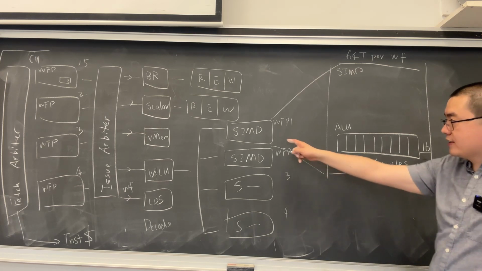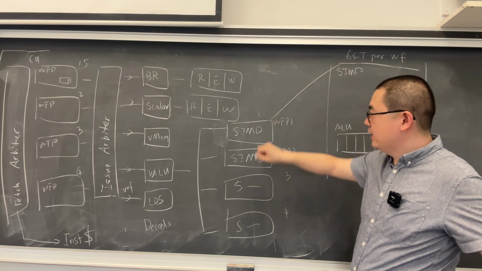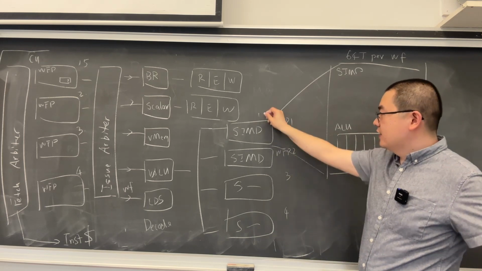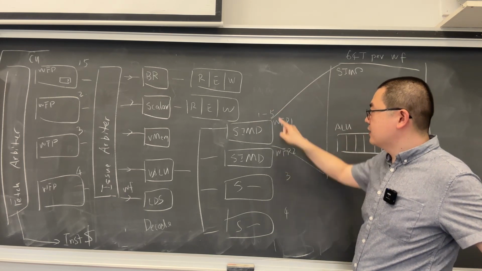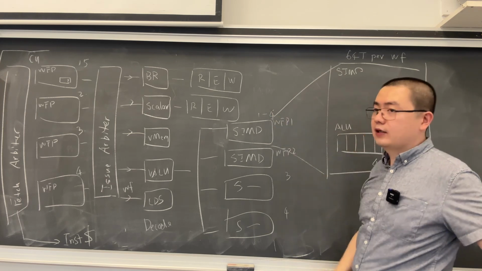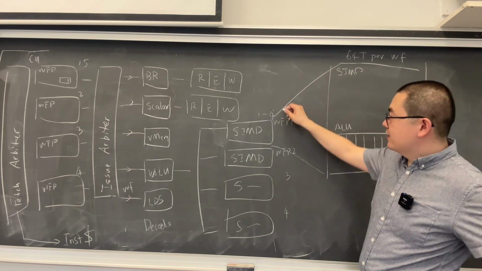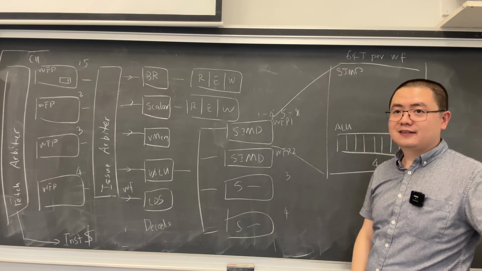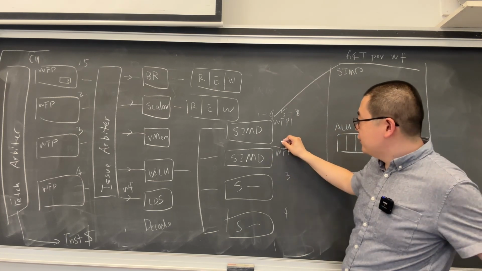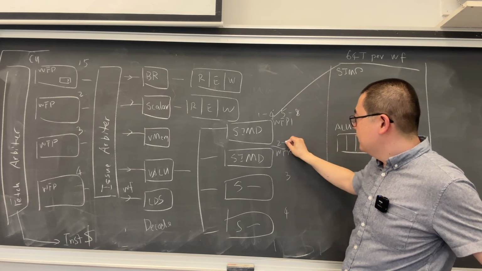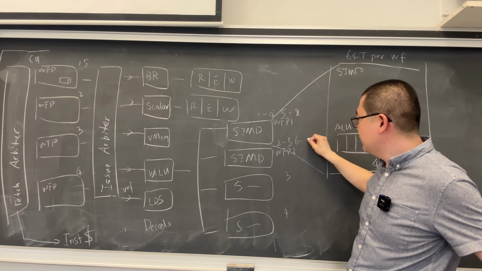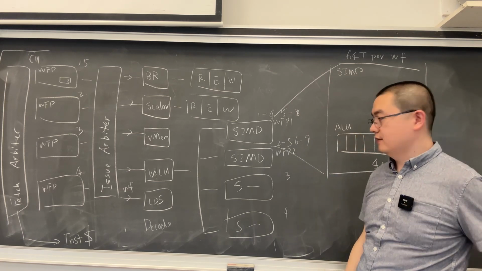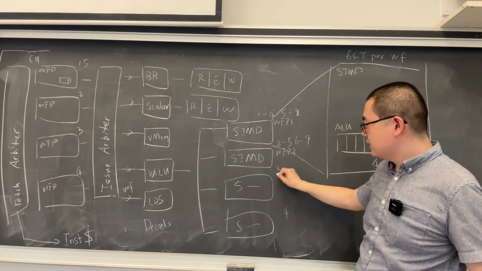Right? In cycle 1, we issue here. In cycle 4, we're done. In cycle 5, we start another instruction. In cycle 8, we're done. Here, issue in cycle 2, we start. In cycle 5, we end. 6 to 9 is another instruction. Similar here, in cycle 3, we start.